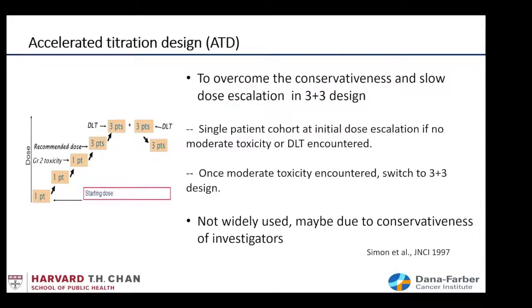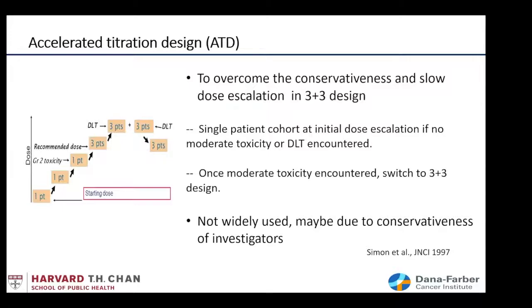And this is the accelerated titration design, proposed in 1997. The idea is to try to overcome the conservativeness and slow dose escalation for the initial dose levels in the 3+3 design.